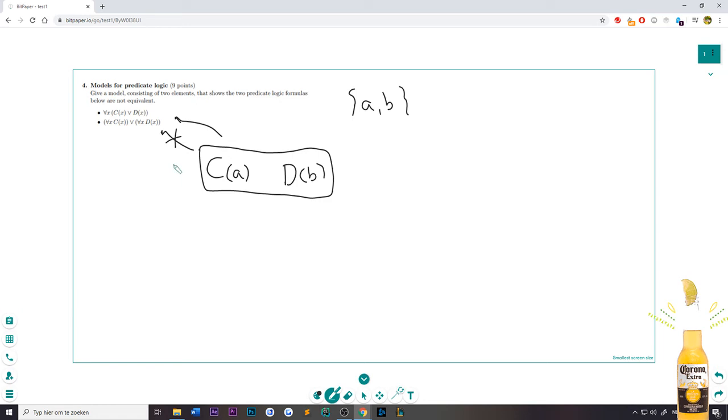Okay. So how do you show it? What you do is you write down, okay, this is my model, C(A) and D(B). Actually, let's write it down as text.